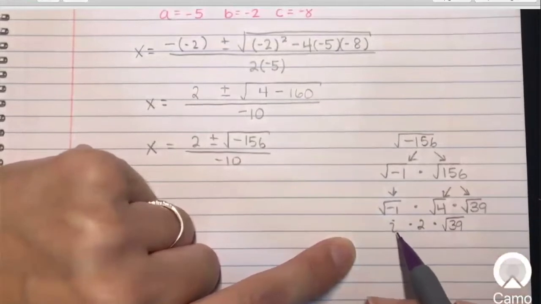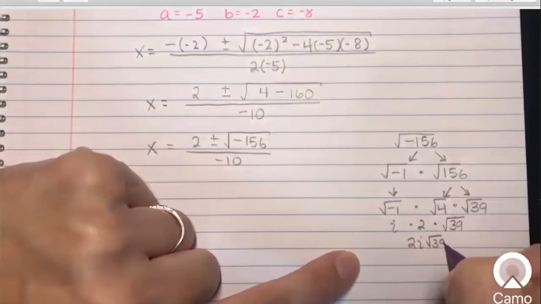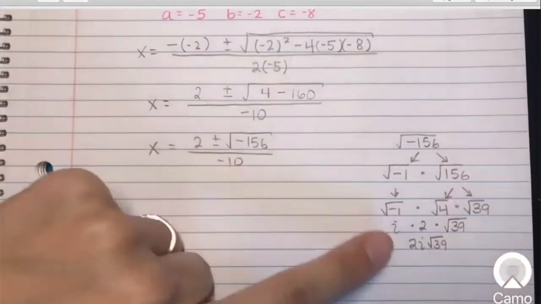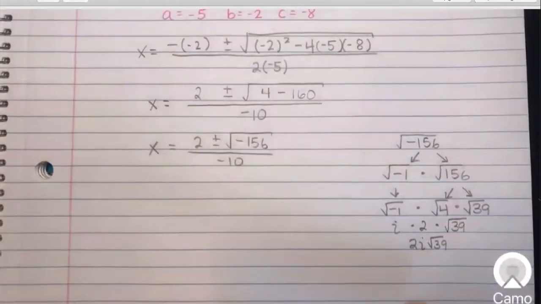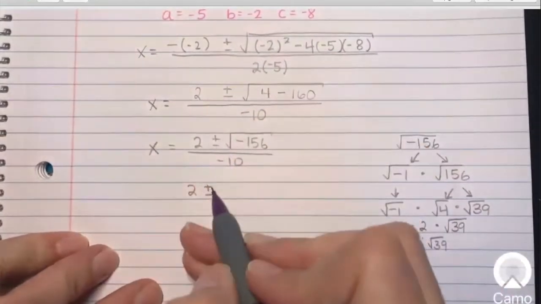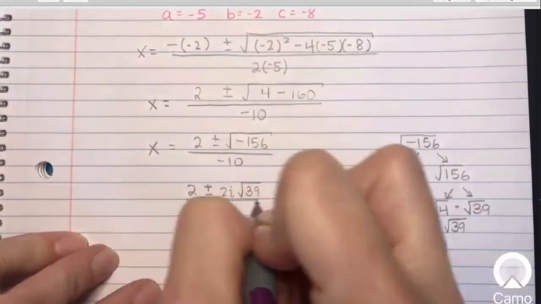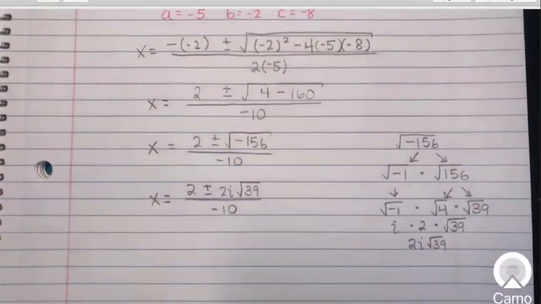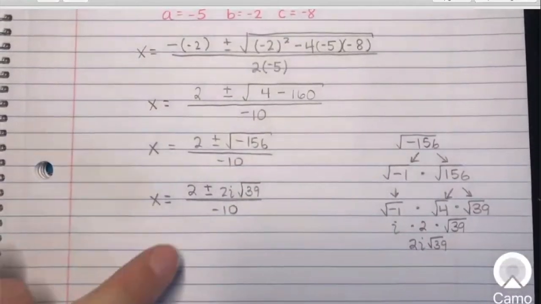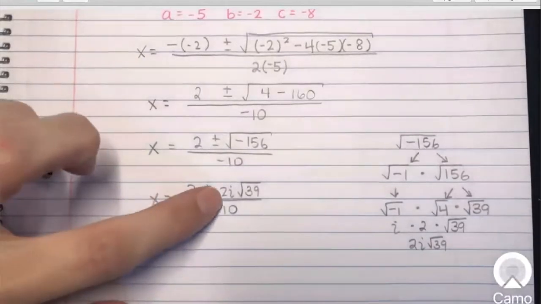So we go ahead and just multiply whatever's in front of our radical. So in this case, it'll simplify to 2i root 39. So I'm going to go ahead and put that back up here and replace my square root of negative 156 with 2i root 39. And I keep my plus or minus. Okay. And now I want to see if I can simplify anything further. So I notice that I have some even values here.